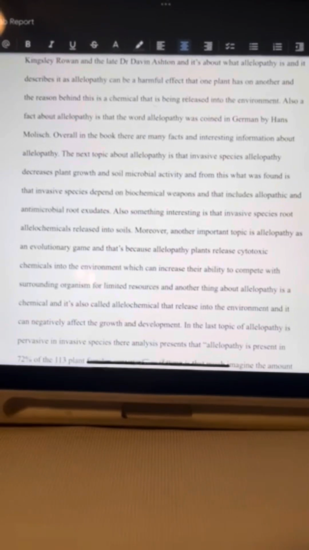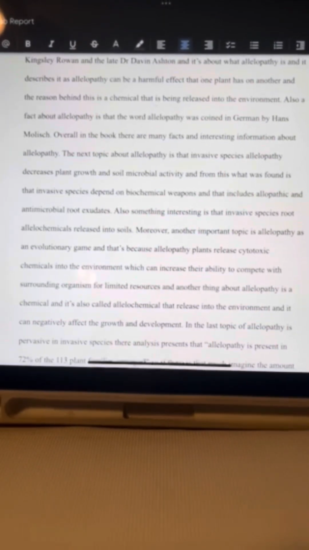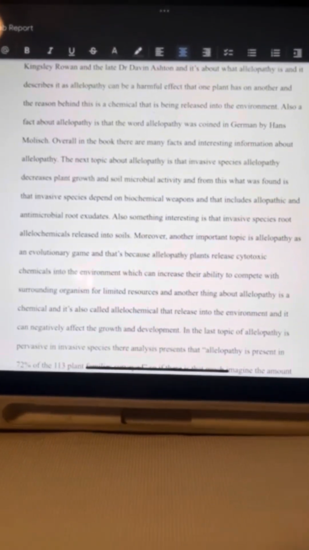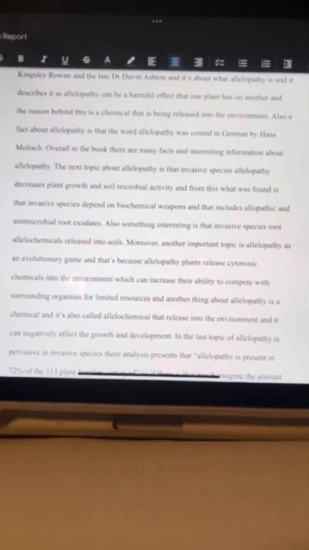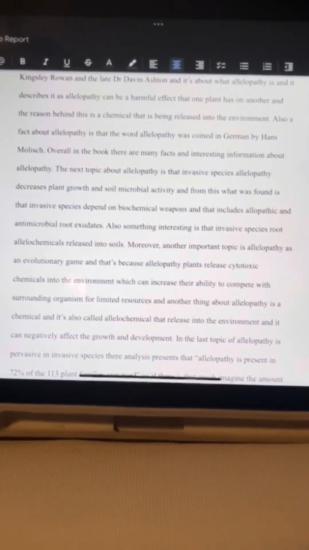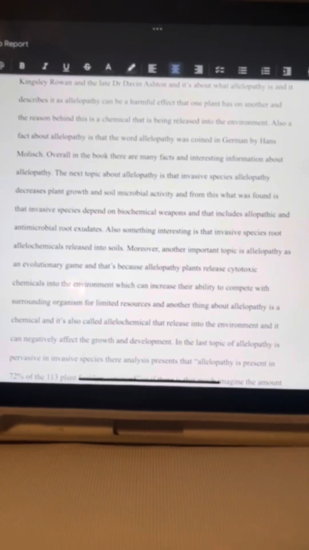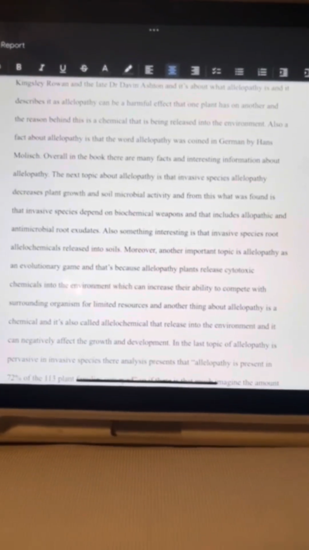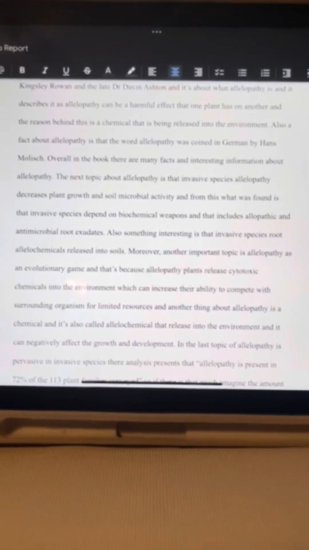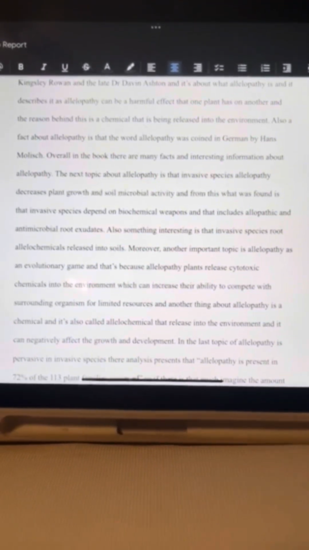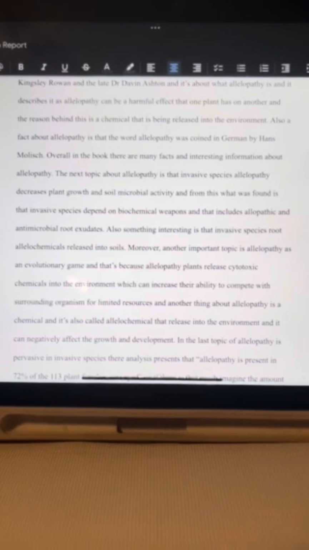From this, what was found is that invasive species depend on biochemical weapons, and that includes allelopathic and antimicrobial root exudates. Also, an interesting fact is that invasive species' root allelochemicals are released into soils.